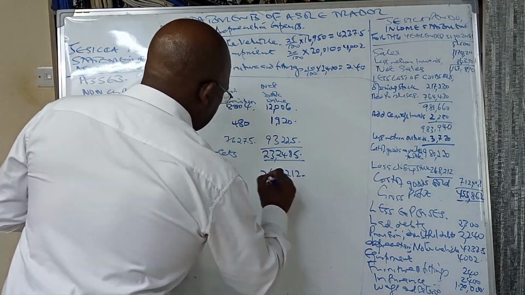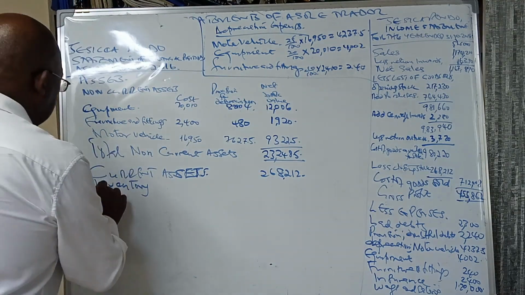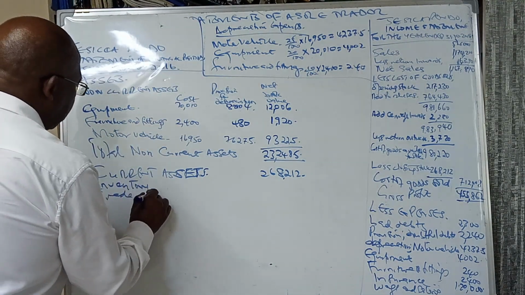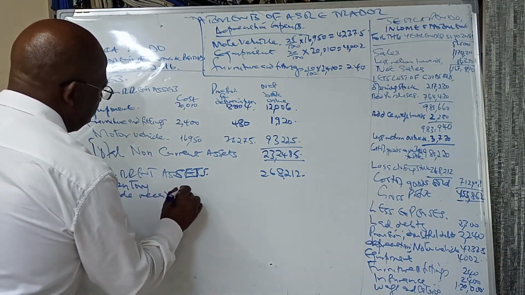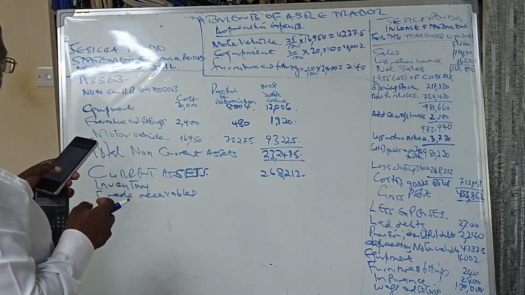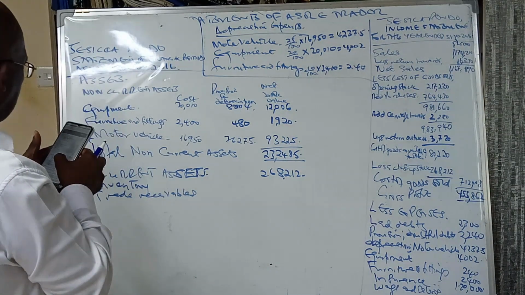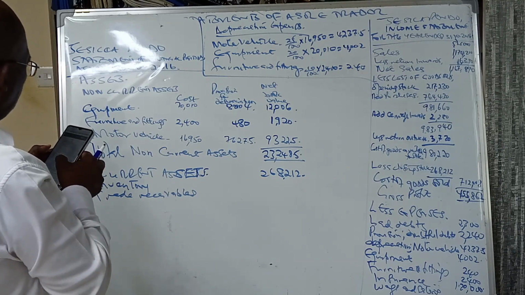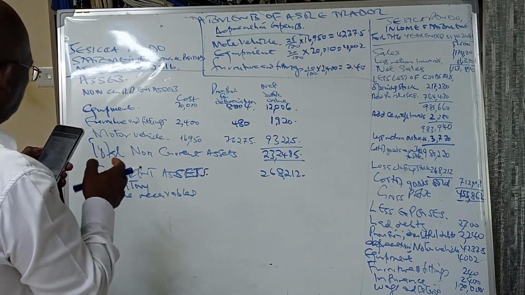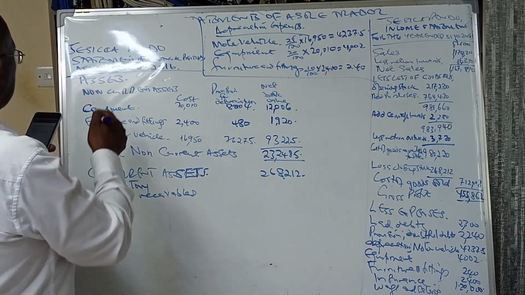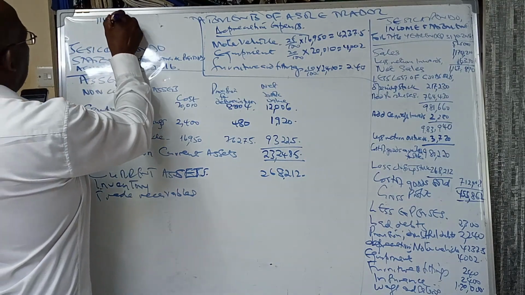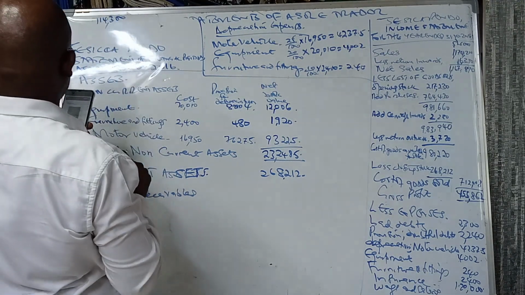We say trade receivables. Remember what we did: we got our trade debtors, our accounts receivable, which was 114,300.